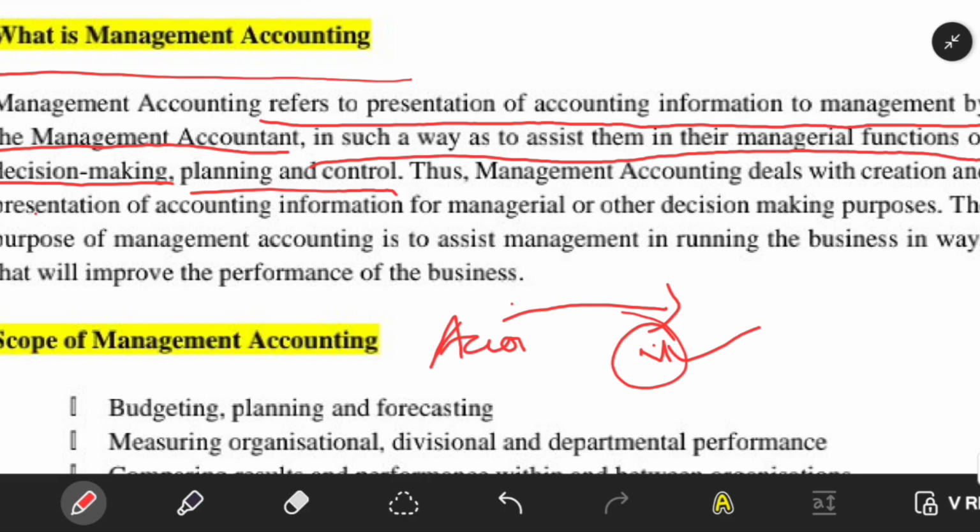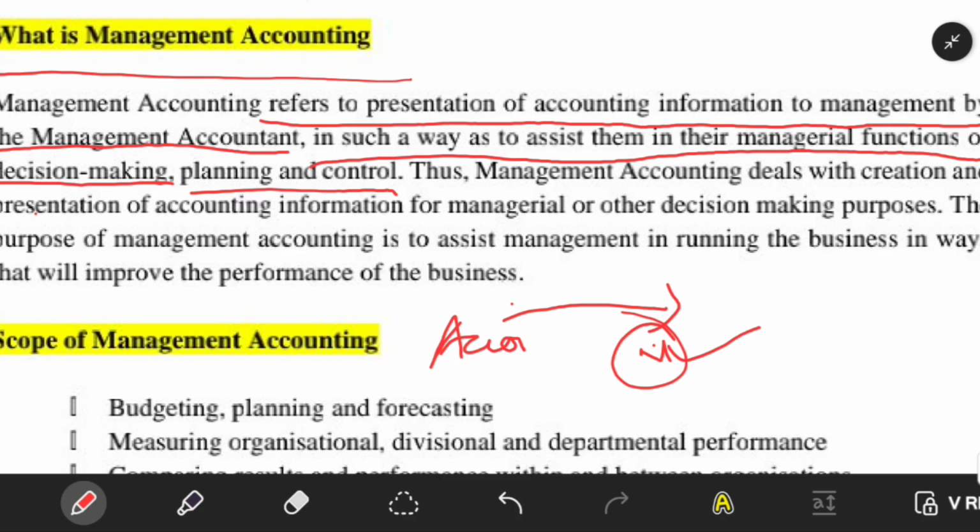So in simple words, management accounting is not about preparing accounts. It is about using the accounts and reports to help the management take the right decision for running the business better. So it deals with the creation, analysis, and presentation of financial data in a way that supports the goals of the company.